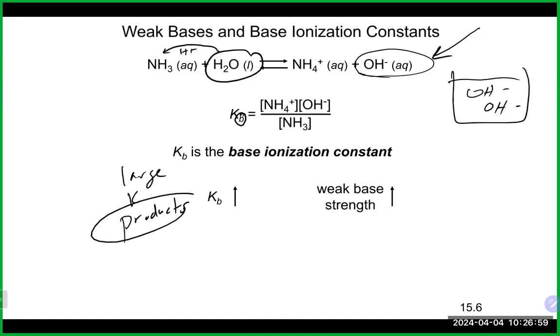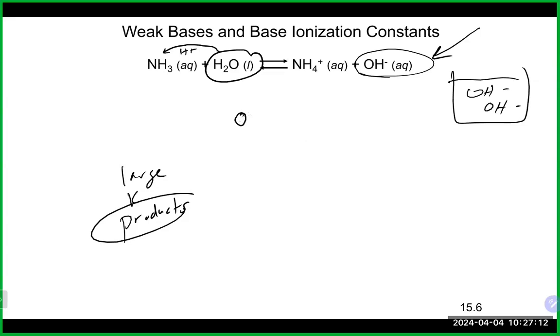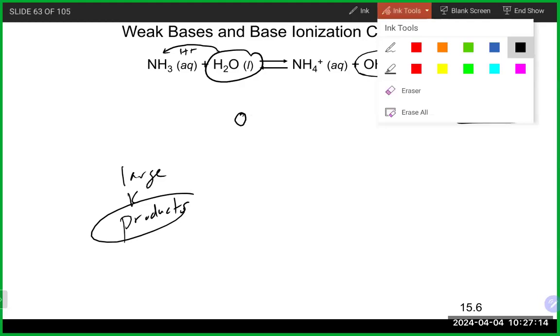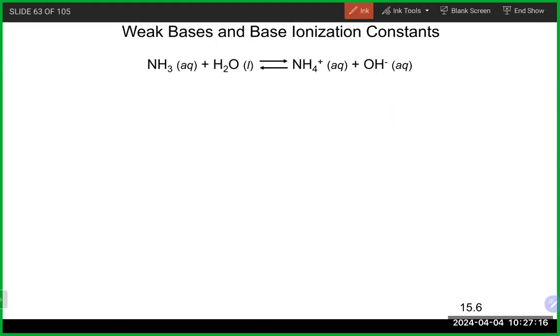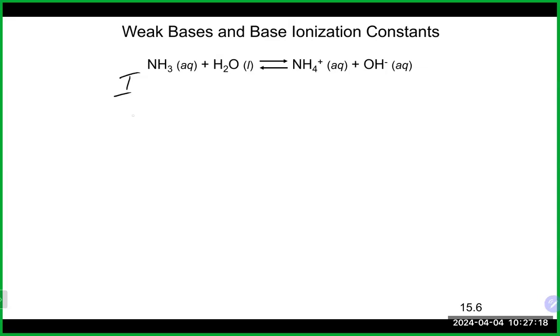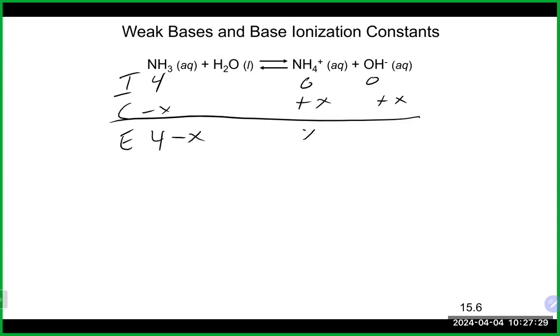They are solved the exact same way as you do the Ka type problem. The main difference is in the equation, right? If I were, for example, here to do an ice table off of this equation, and I got whatever for initial, it doesn't really matter, 0, 0, minus x, 4 minus x, x, and x.